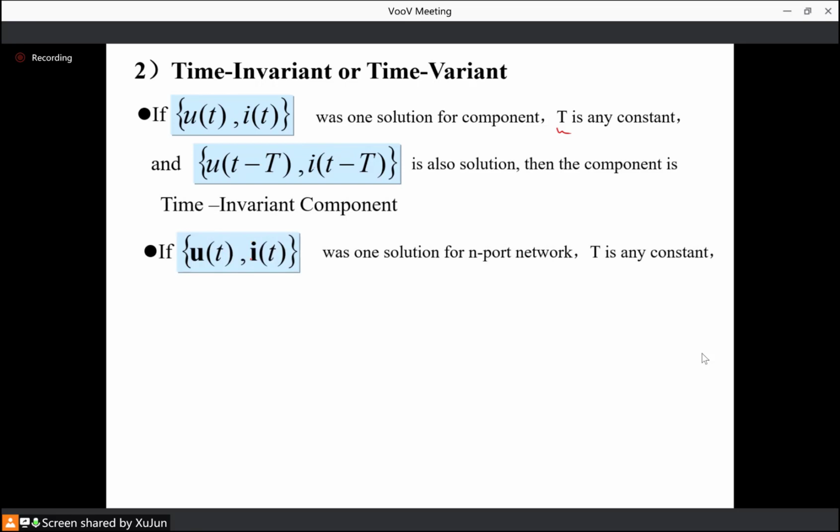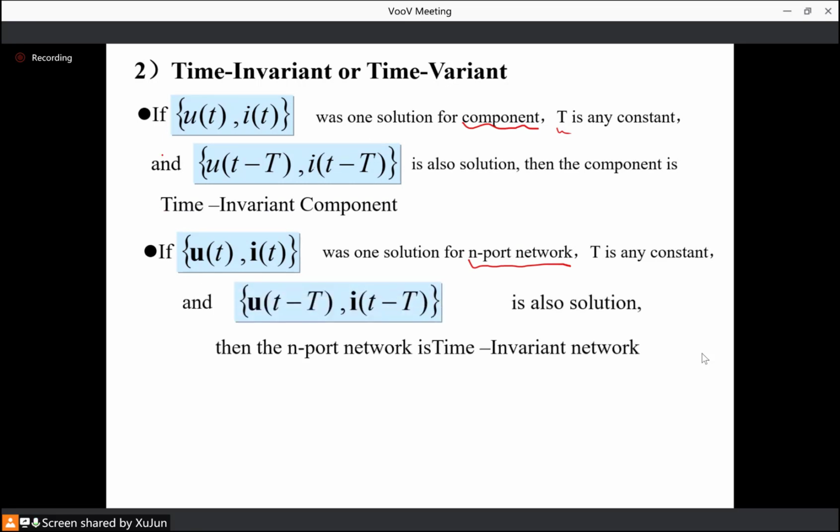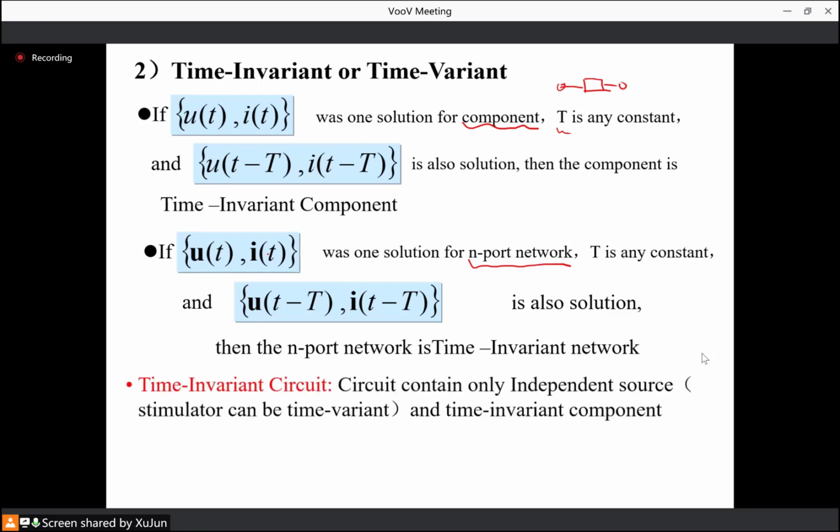This is for a component, and this is for a multiport network. These two definitions are the same. This is for a common one-port component, and this is for an n-port network, so u and i are vectors.